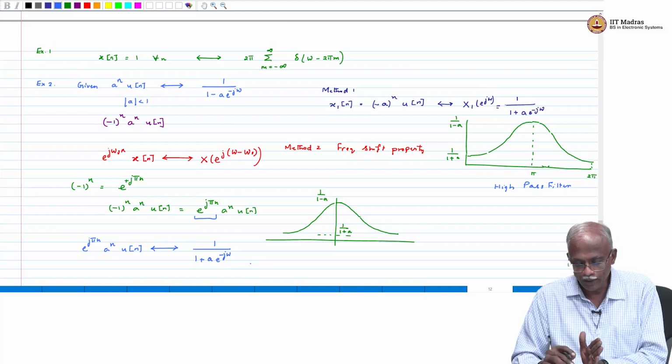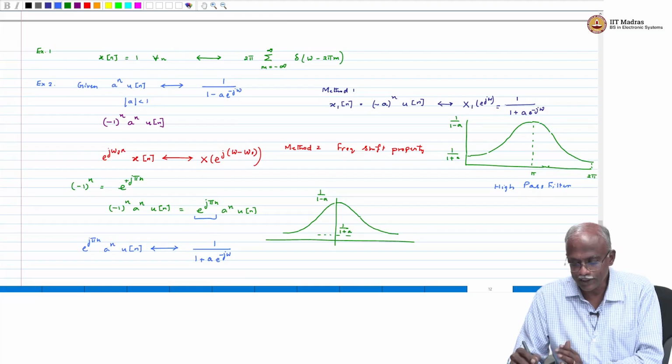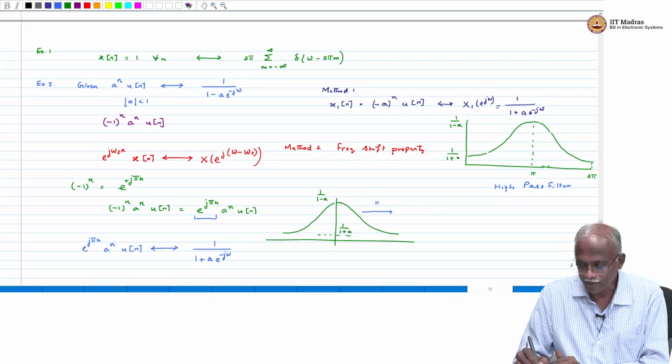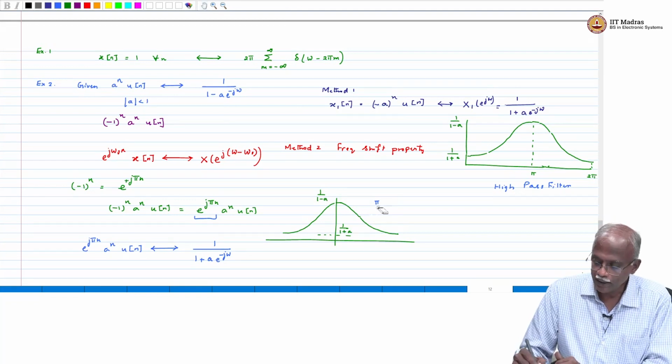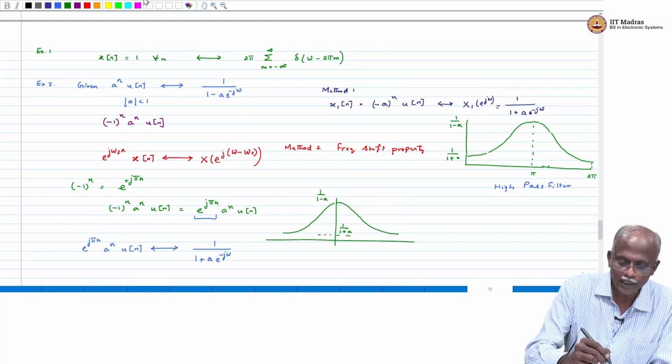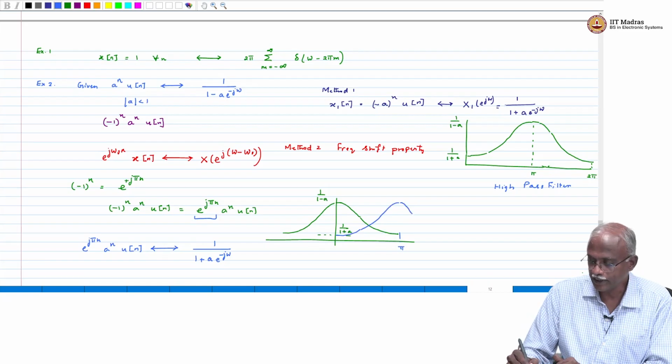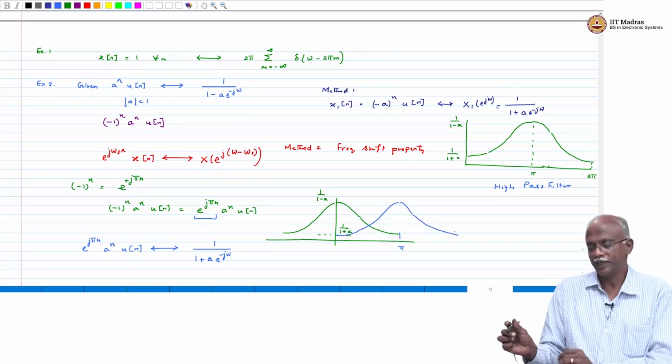You can also visualize it without looking at this. You can say if I shift this by a value pi, what will it look like? So, if this is the place where it reaches the value of pi, now, shifting this by pi will produce for you the sequence that looks like this. Okay.